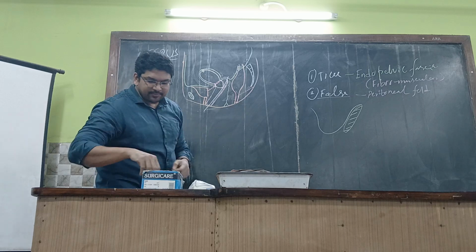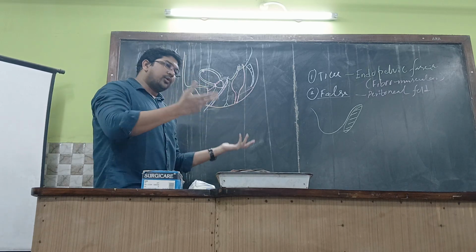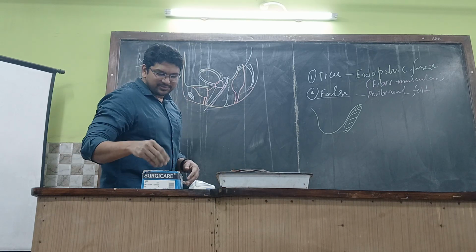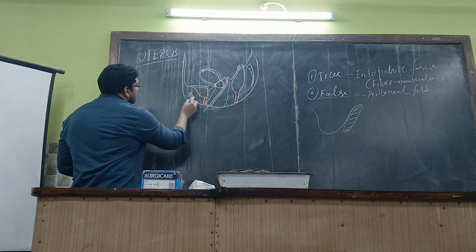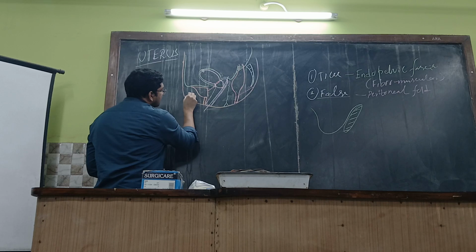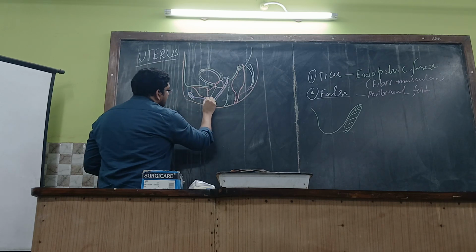From where does it arise? The pubis. From the pubis, a muscle arises on either side, enveloping the vagina around it, and that is termed pubovaginalis.